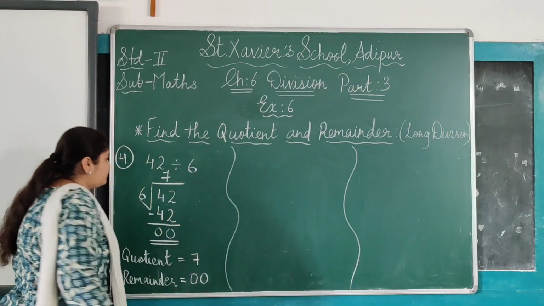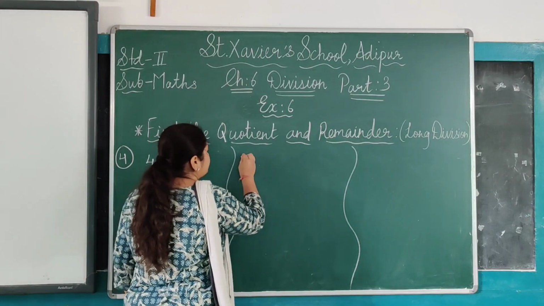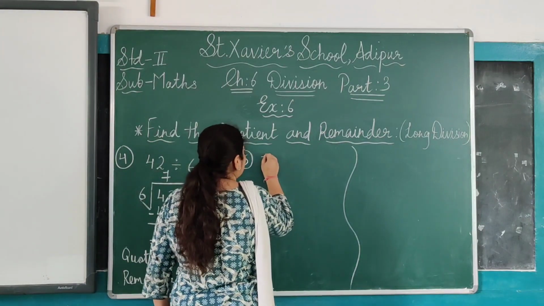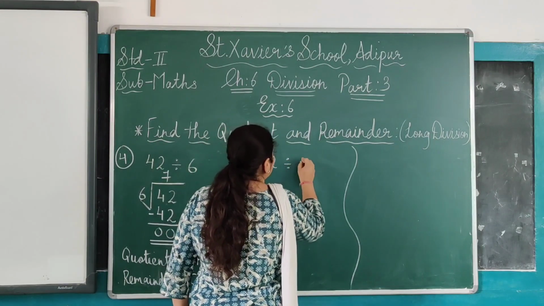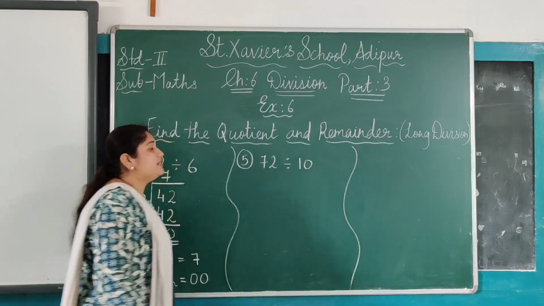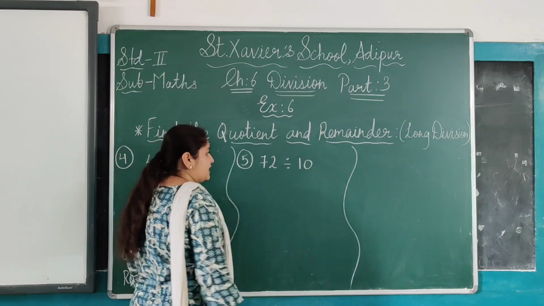Right, my dear students? So now continue with the fifth one. Now 72 divided by 10. 72 को किससे डिवाइड करना है? 10 से. 72 is being divided by 10.